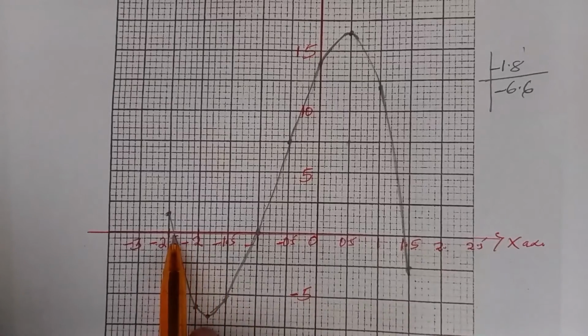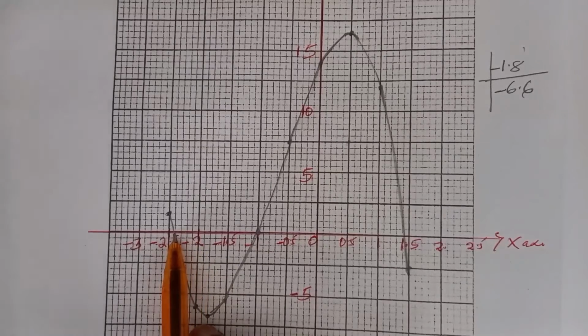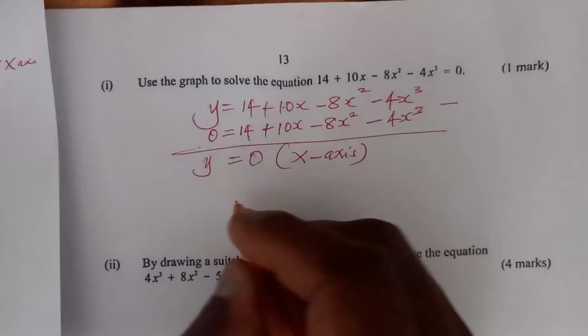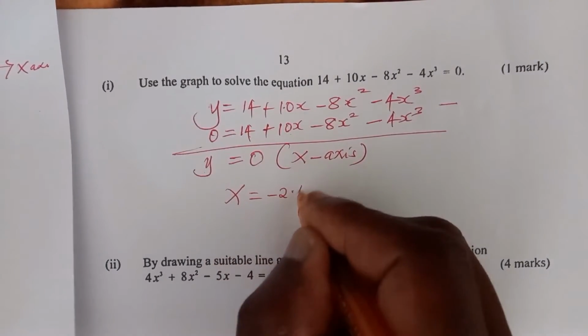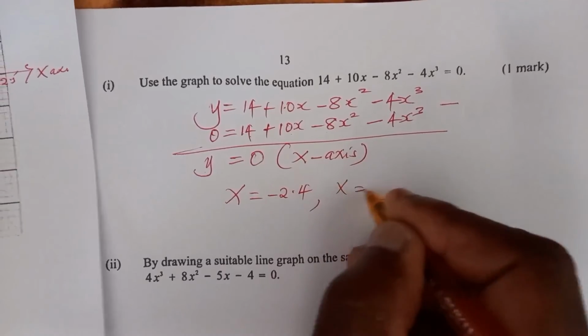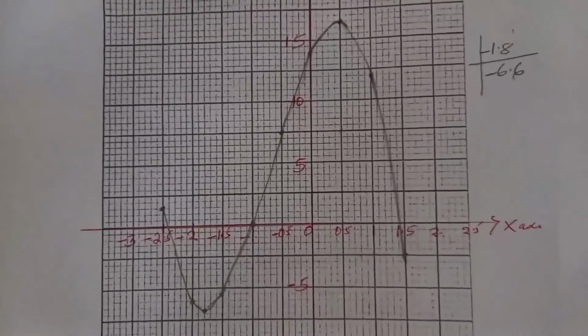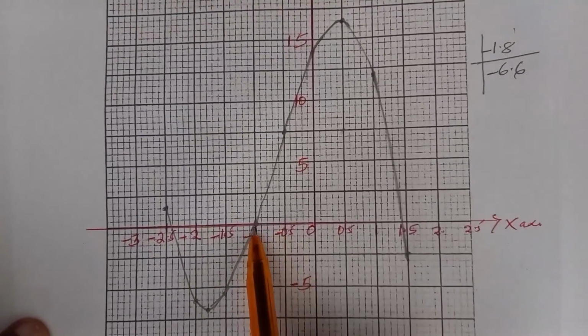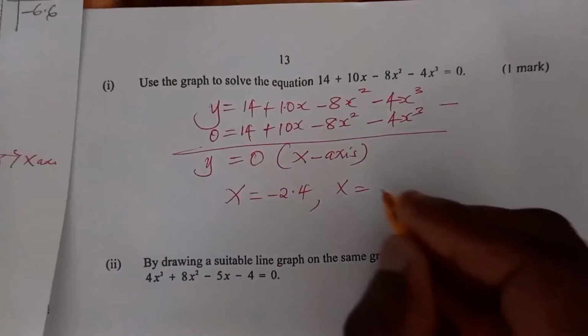The first one is here. This is the first one, and this is a negative 2.4. So the first solution is x is negative 2.4. That is 1 point. Then the other one is here. This is a negative 1. So x is equals to negative 1.